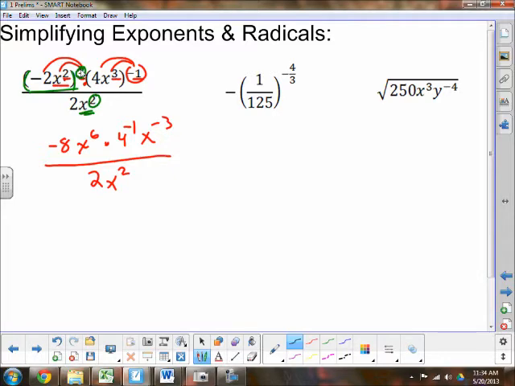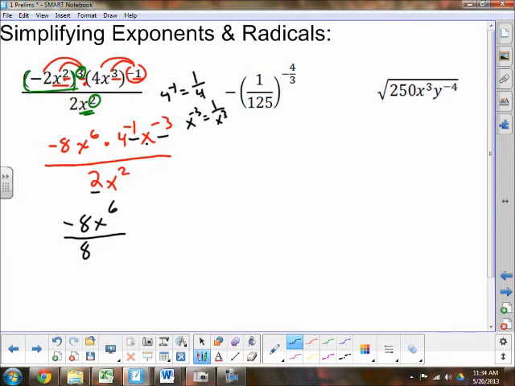To continue simplifying, I'm going to combine my like terms. The first thing I'll do is get rid of these negative exponents so I don't have to deal with them. So I'll have negative 8x to the 6th divided by this 4 to the negative 1 becomes 1 over 4 to the 1st, or just 1/4. And when I have 1/4 times the 2, it'll give me an 8 in my denominator. I have x to the negative 3.